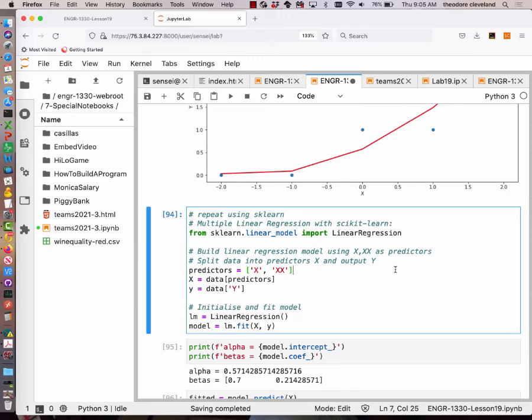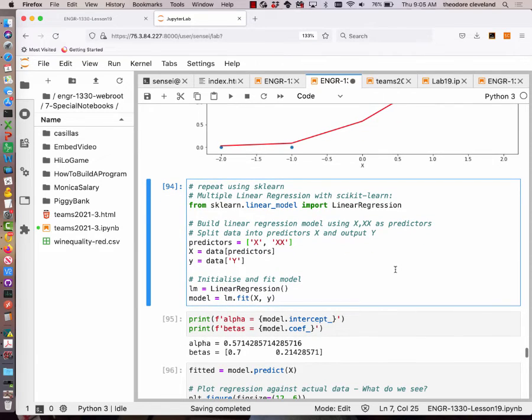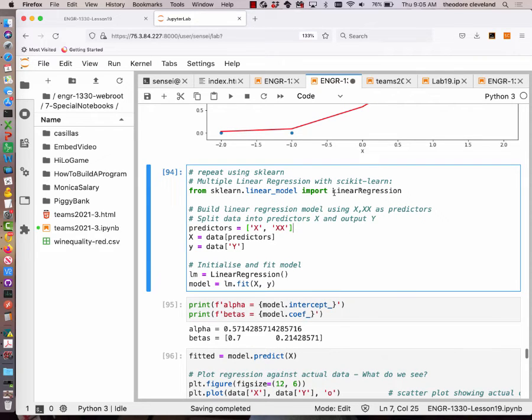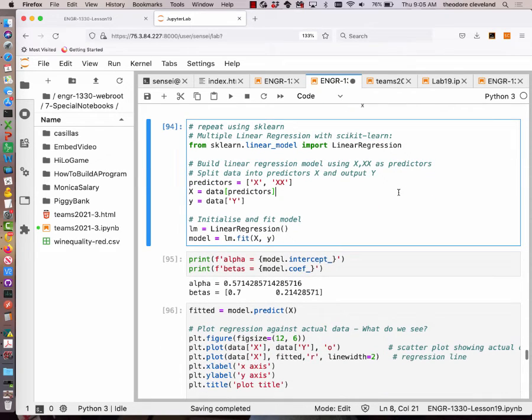There's another package called sklearn, and in sklearn there's a linear model method, and from that we're going to import LinearRegression. And this one kind of works in a similar fashion, although we have to build two objects.